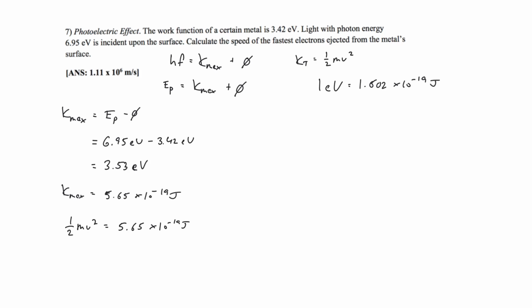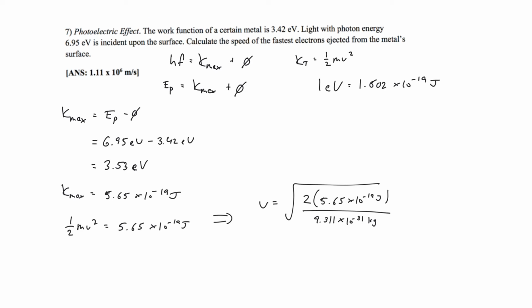And if I want to calculate the speed, okay, so the speed is 2 times the kinetic energy divided by the mass of an electron, 9.311 times 10 to the negative 31 kilograms.